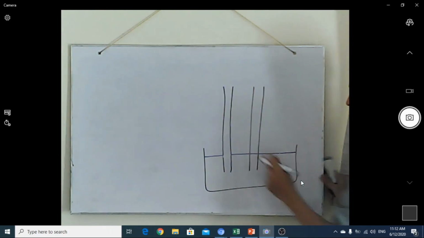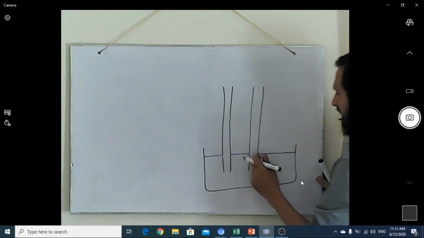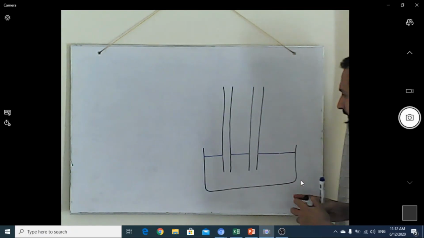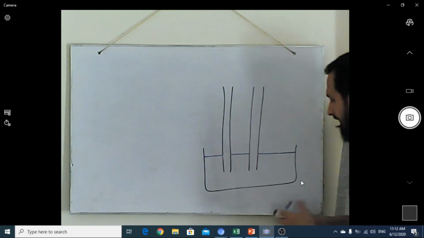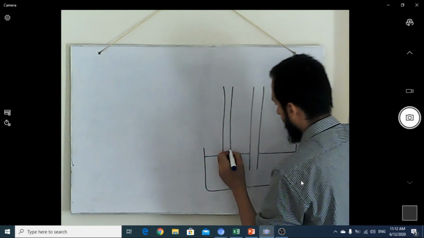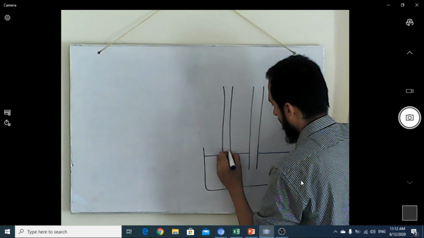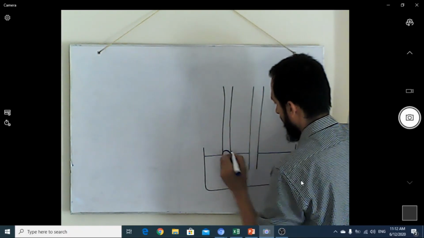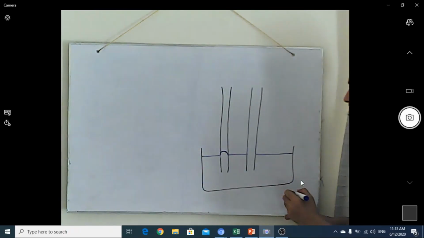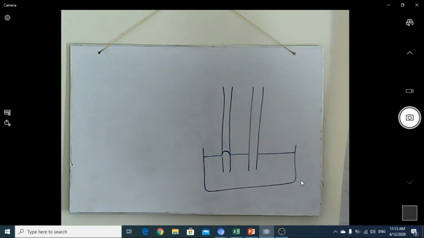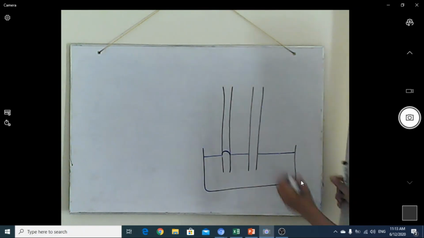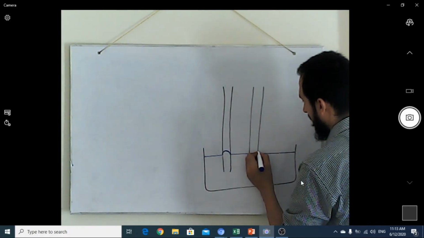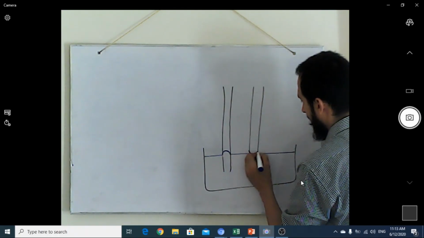Let's suppose we have two types of conditions. One is that if the intermolecular forces are dominant, it will create a shape like this. And if the molecular and wall forces are very strong, the liquid will give you such a type of shape.